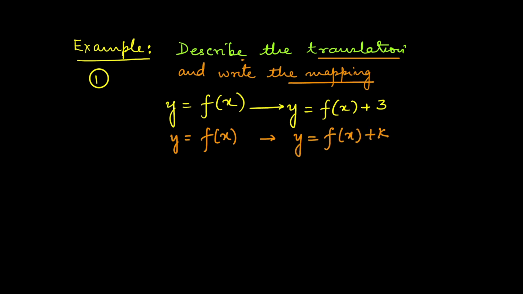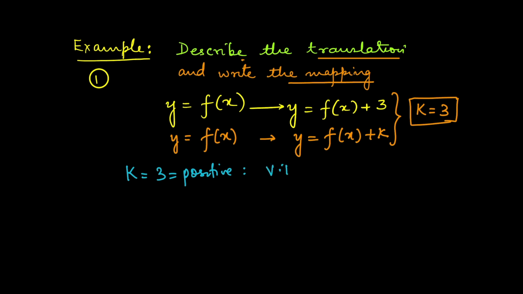Just remember that k takes the same value. So if you relate it, k is 3. So k is positive. That means we'll write the transformation according to that. So you write vertical translation of 3 units. Since it is positive, we'll say upward.